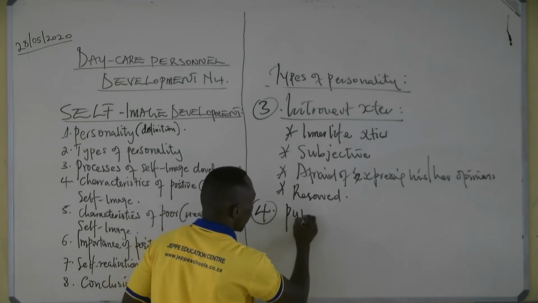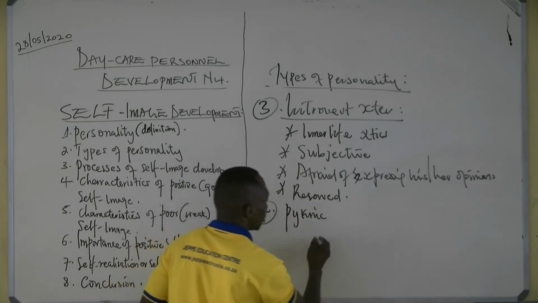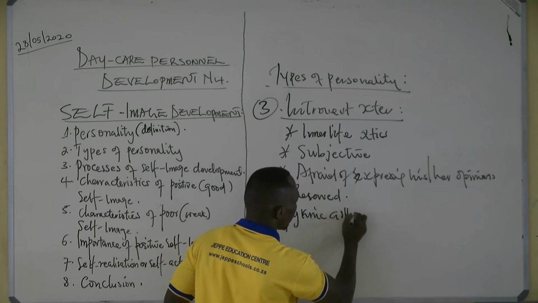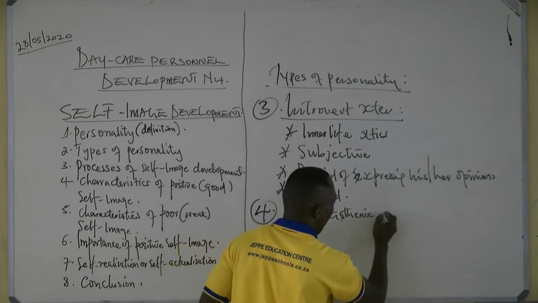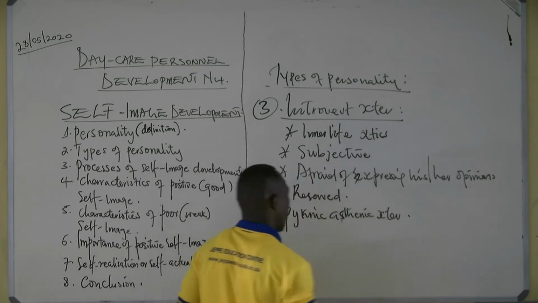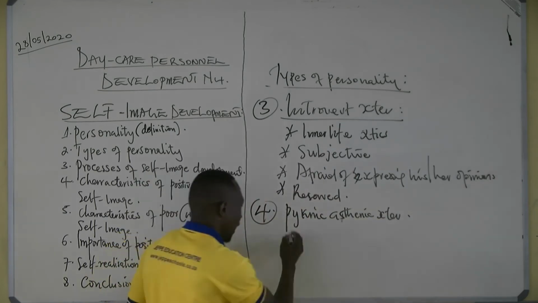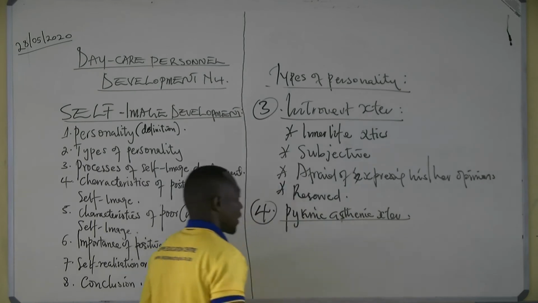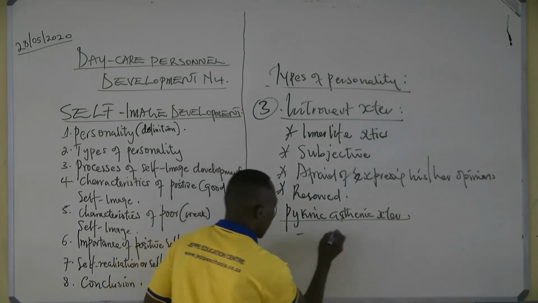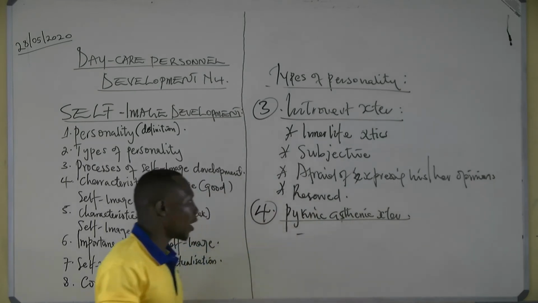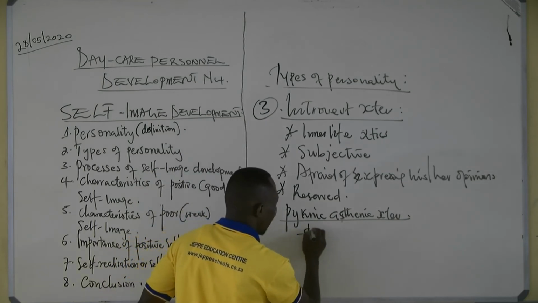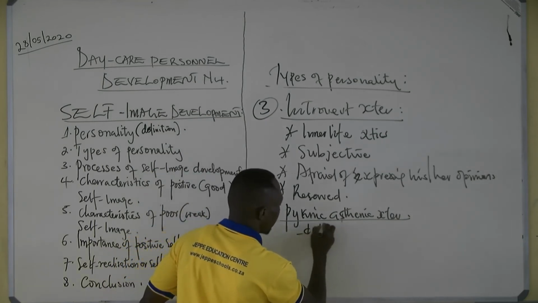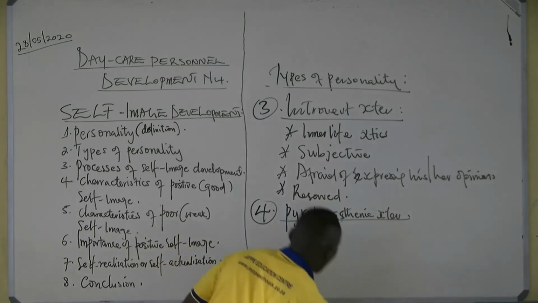Then lastly, at number 4, the fourth type of personality is what we call the Pythonic athenic character. Such people with such characteristics are always seen to be bearing the following characteristics.